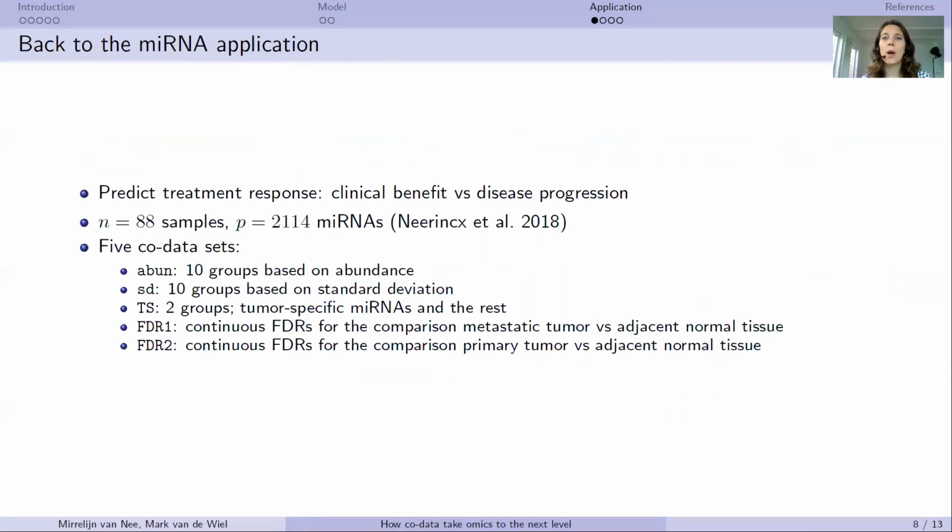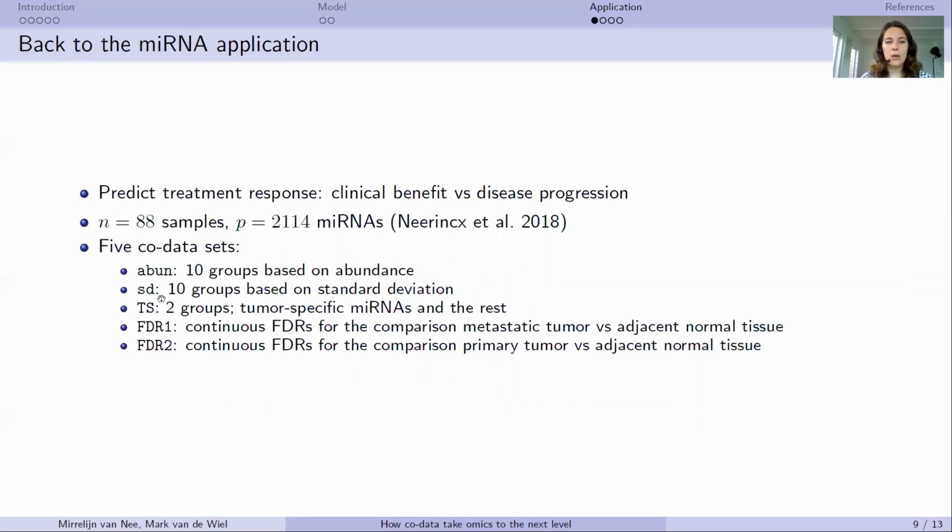Now, back to the microRNA application, we want to predict treatment response. So either a patient clinically benefits from a treatment or not. We have data with 88 patients or samples with a bit more than 2,000 microRNAs, and we have 5 codata sets. Before standardizing, we can measure the mean abundance and the standard deviation. So we have 2 codata sources based on those 2 statistics.